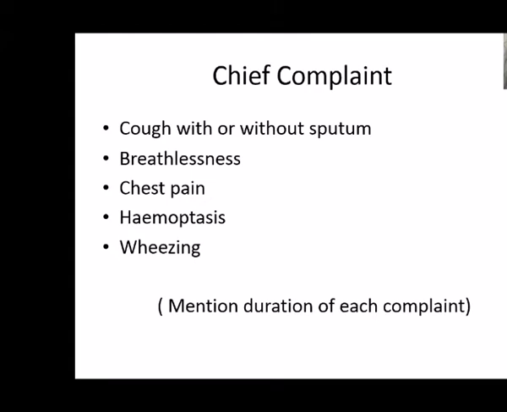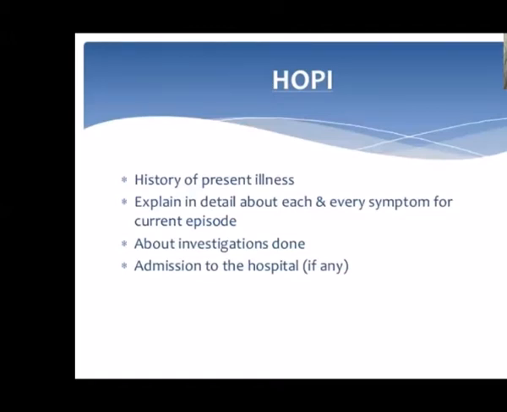That's why it is very difficult to make a diagnosis just on the basis of history, unless you have taken a detailed history of each and every symptom which the patient is experiencing. You should mention the duration, which is also important. So history starts with the history of presenting illness: explain in detail each and every symptom for the current episode.